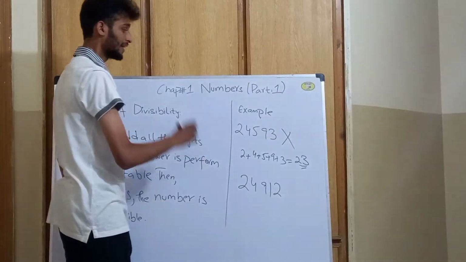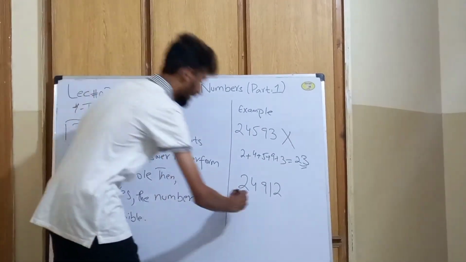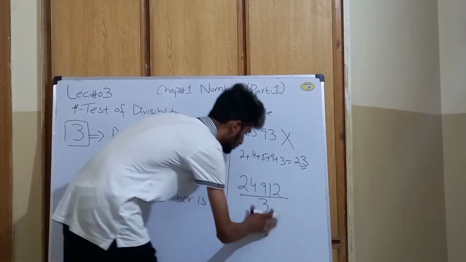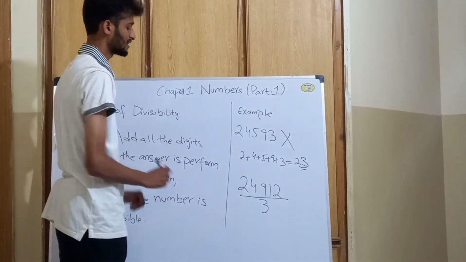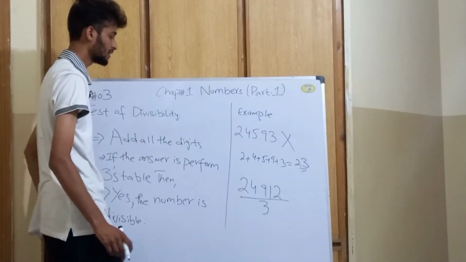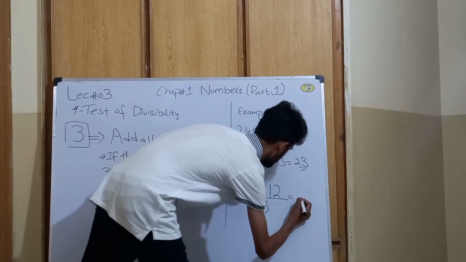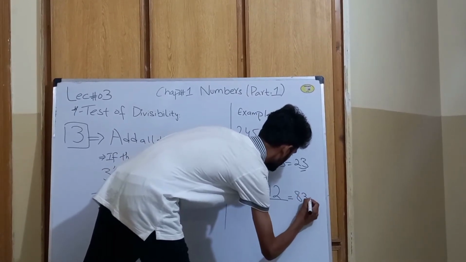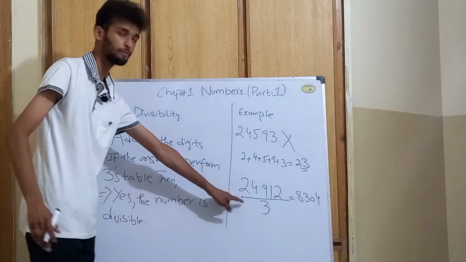So yes, 18 is in the 3 table, so this number is divisible by 3, and when we divide this number by 3, we will get a proper answer and it won't be in decimals. So let's see what will be the answer. So this is the answer of this number when we divide it by 3.